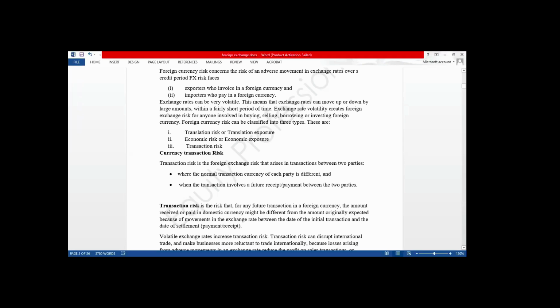Our company based in Nigeria, we import raw material from China, and we are expected to make payments in 3 months' time. The amount is in US dollar, as of today, 22nd of April.